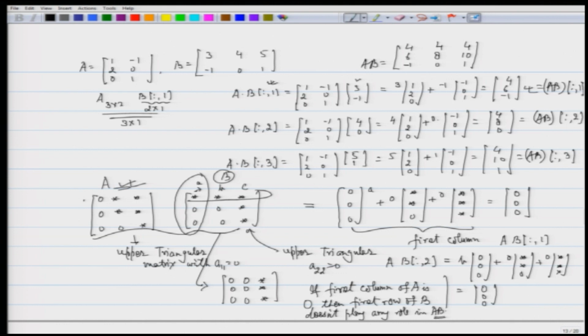All right. It is only the second row, third row of B that plays the role, fine, because whatever you put, it gets multiplied by 0 and you get only 0 as such, fine.